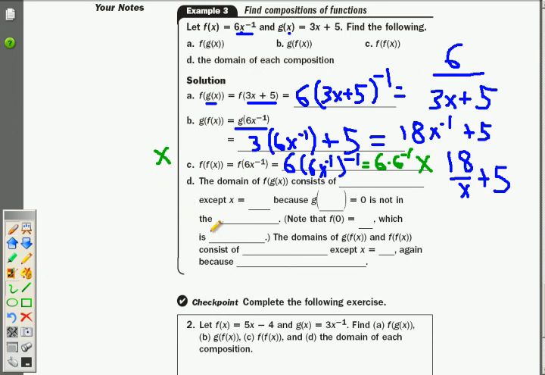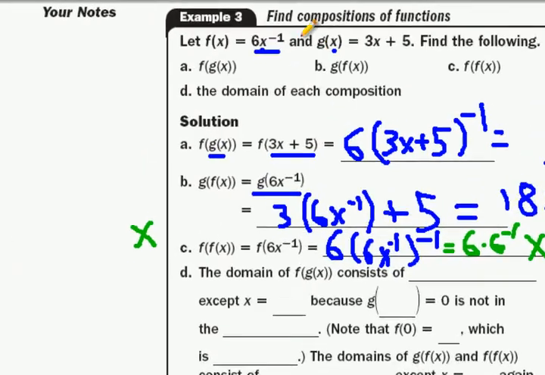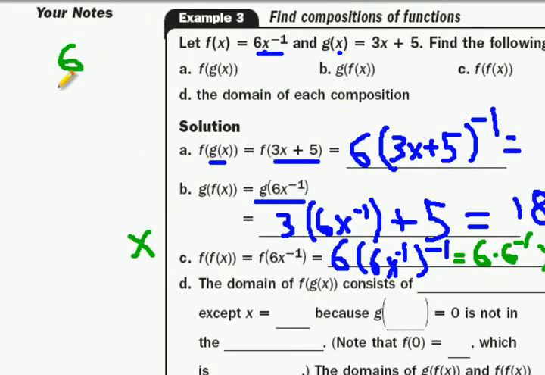On D, it says the domain of f of g of x. Well, let's look. What domain regulations do I have? On f of x, I can't have 0, but everything else is good, and g of x is good. So the domain of f of g of x consists of all the real numbers, but what can I not have?